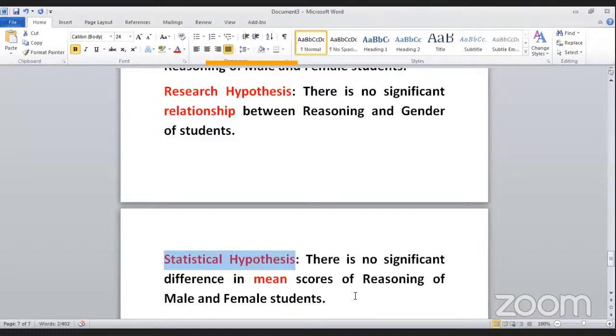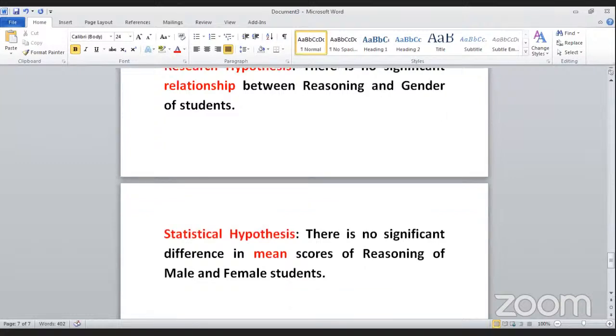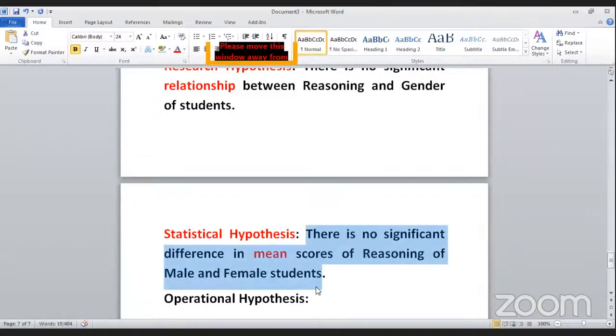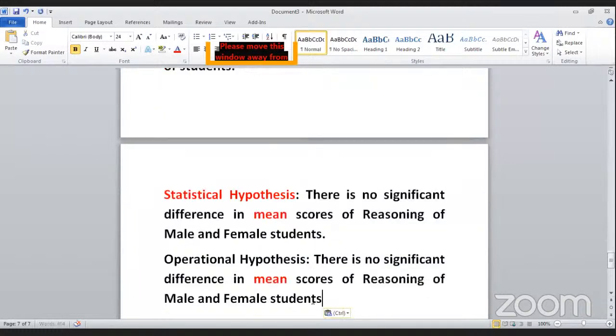Now, if I have to write the operational hypothesis, which I am sure your teachers might have told you or might not have told you, let me see what that operational hypothesis is. When I'm writing the operational hypothesis, I'm just copying the statistical hypothesis and writing it here.